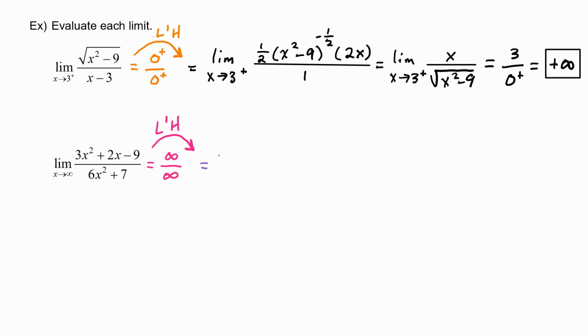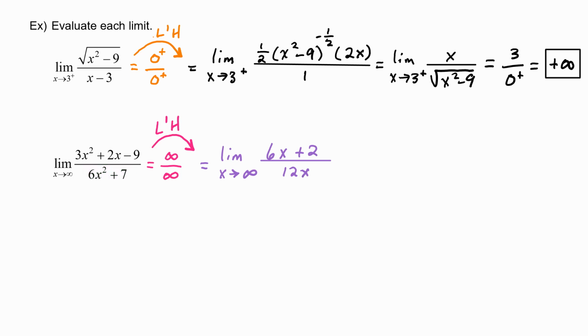Now this is going to become the limit as x approaches infinity of the derivative of the numerator, which would be 6x plus 2, over the derivative of the denominator, which would be 12x.